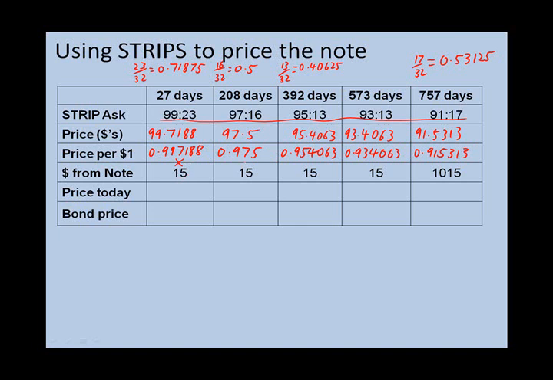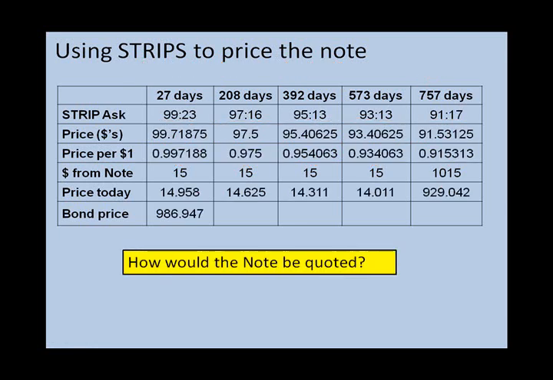And we're going to do the same at each of these different maturities. So when we do that, we find that 0.997188 times 15 gives us 14.958. And we do this for all the payments.